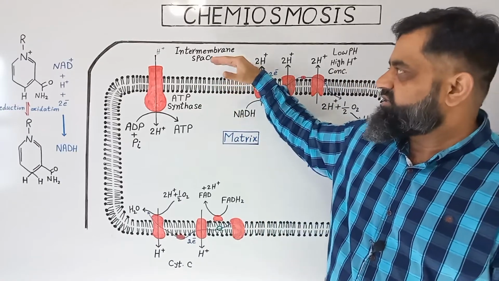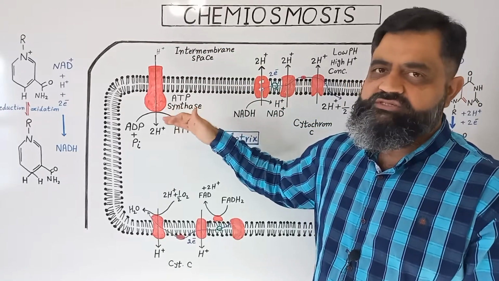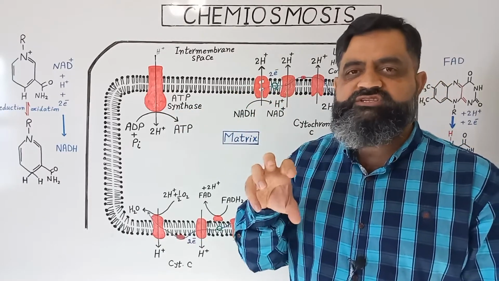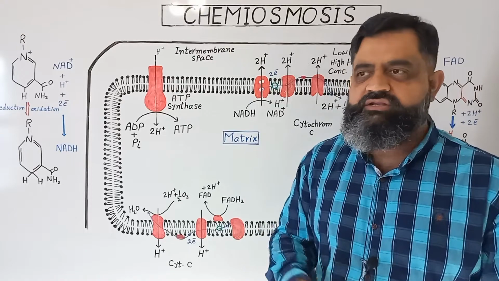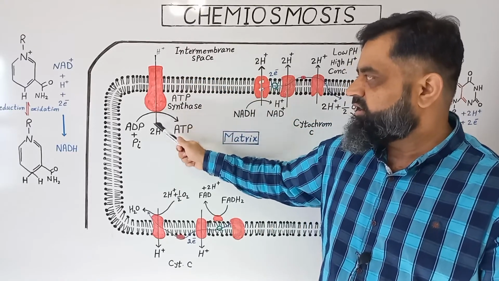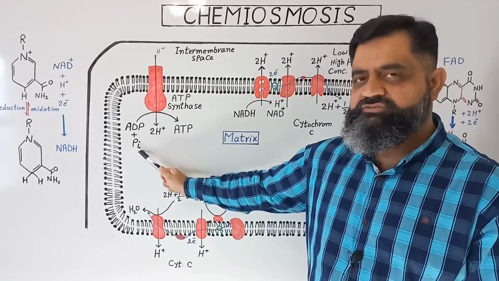So these ions are transported with the help of an enzyme known as ATP synthase, which uses their energy, in the form of potential energy converted into kinetic energy, as the H positive ions move across the membrane to generate an ATP molecule from ADP and inorganic phosphate.